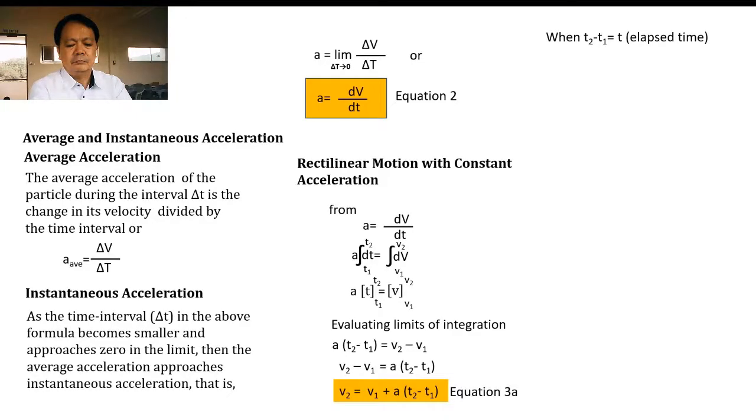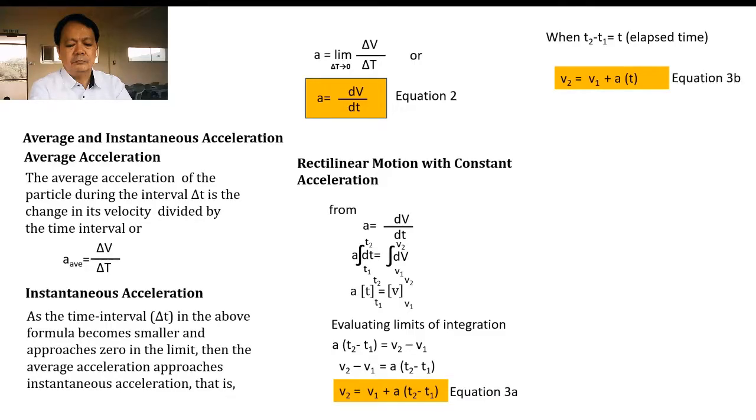If we substitute t sub 2 minus t sub 1 equal to t, which is called the elapsed time, then our equation 3a becomes v sub 2 equal to v sub 1 plus at. I think you're already familiar with this equation, because you have already encountered it in your physics. Pinakita ko lang dito paano siya na-derive, yung relationship between the final velocity, the initial velocity, acceleration, and time.